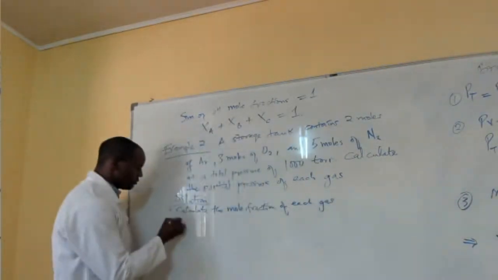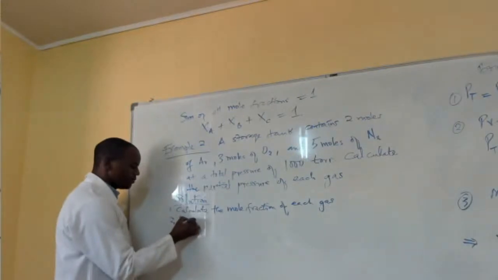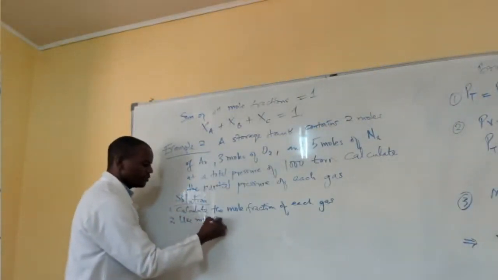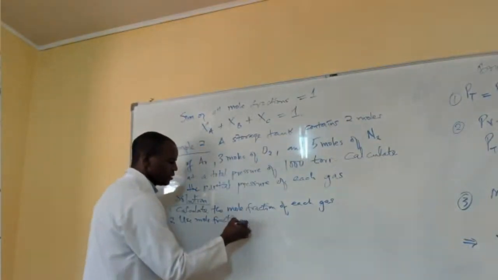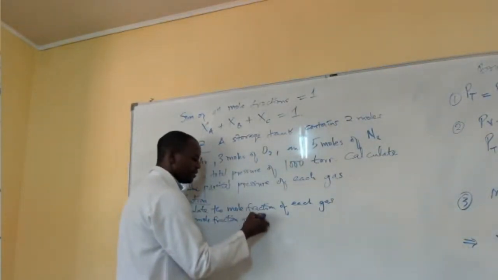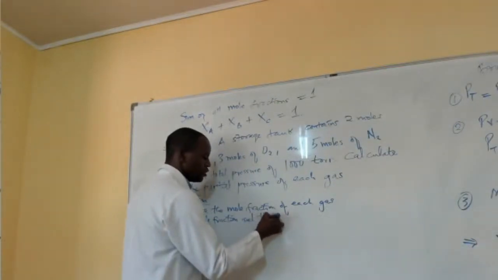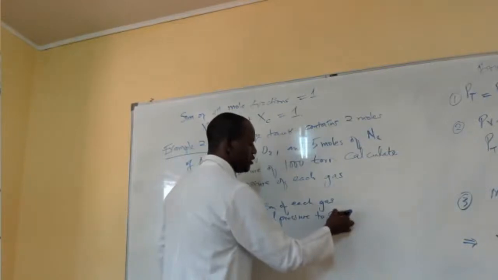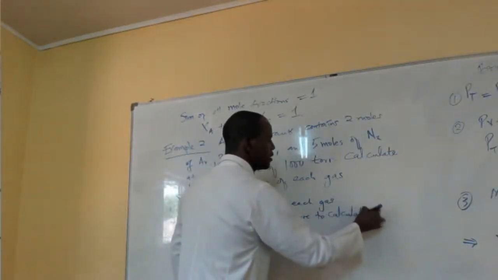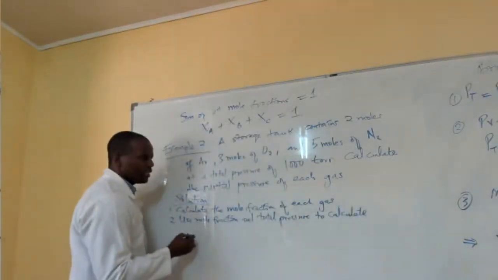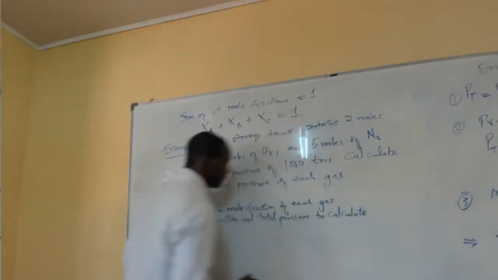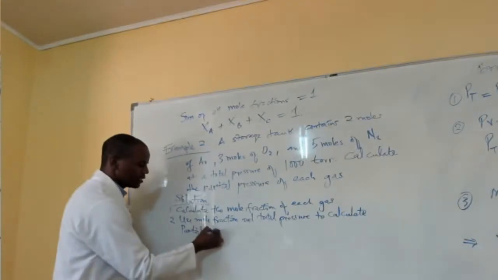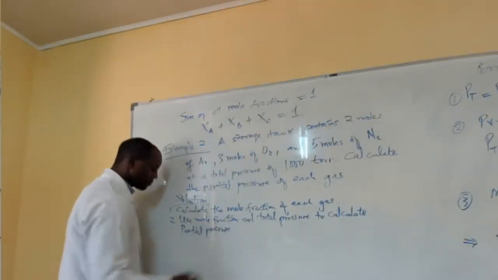Then number two, use the mole fraction and the total pressure to calculate the partial pressure of each gas. As simple as that.